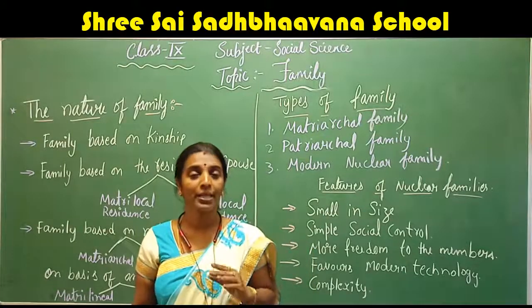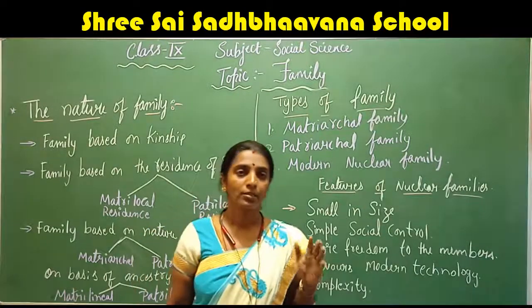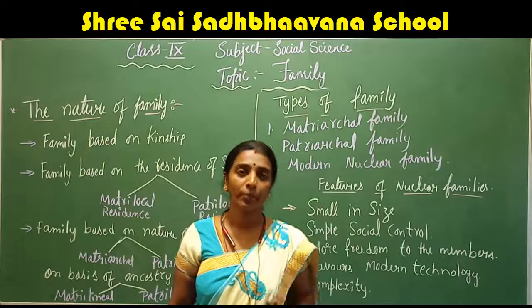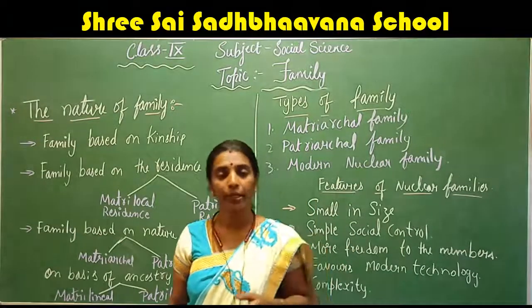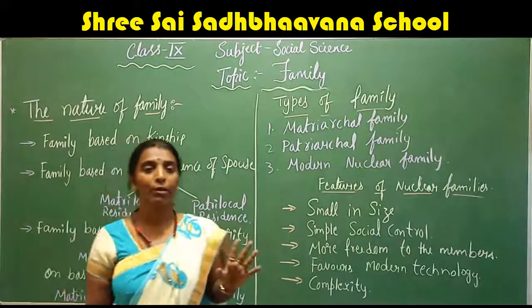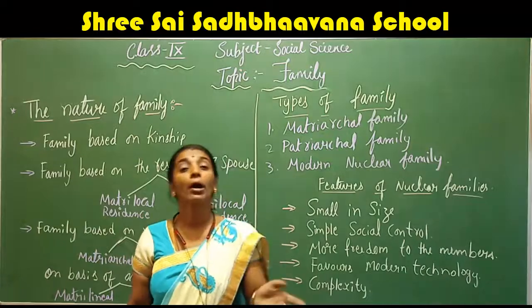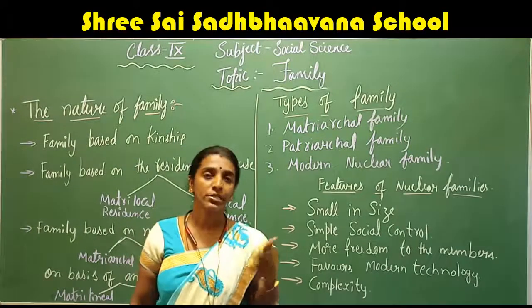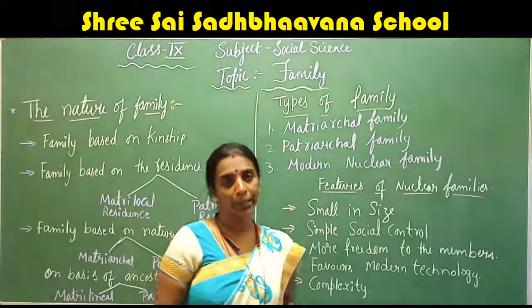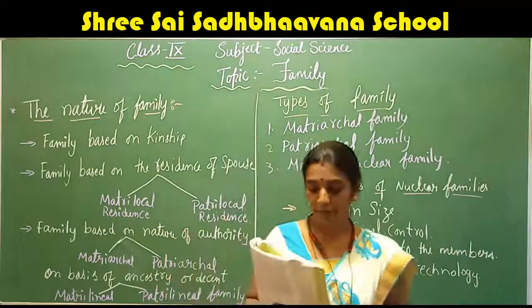Understand this properly, children. A mother passes property or authority to her daughter, and that daughter passes it to her own daughter. A male cannot be involved here. So this is called a matriarchal family.